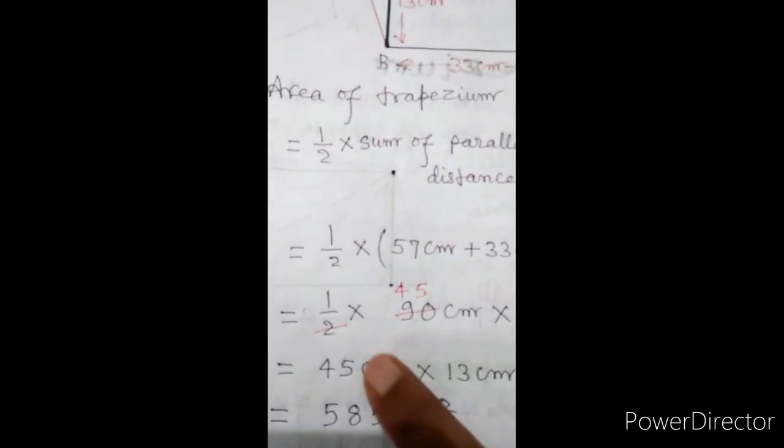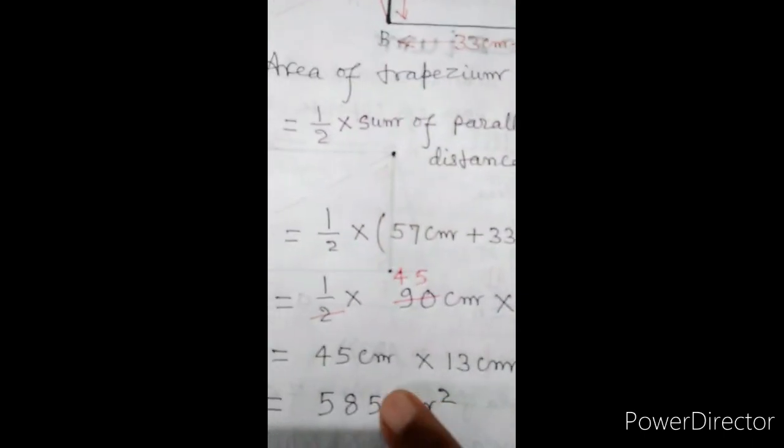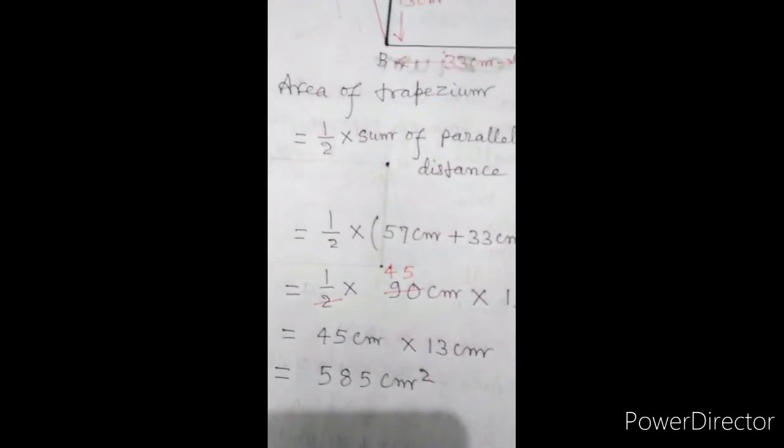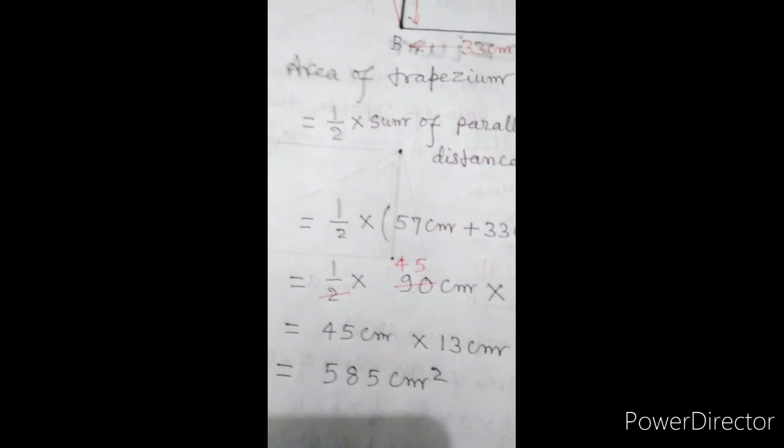Further, it gives us sum 90, that is 45 cm into 13 cm. It gives us 585 cm square as area of trapezium is obtained.